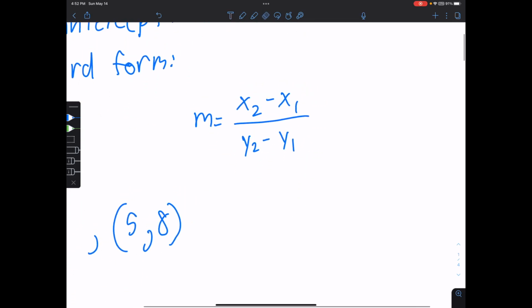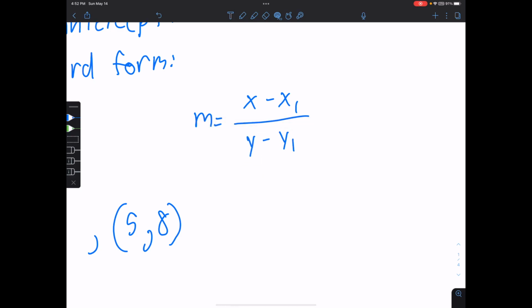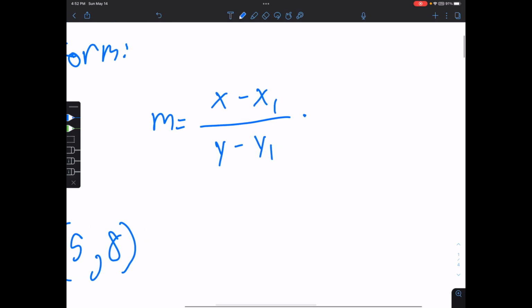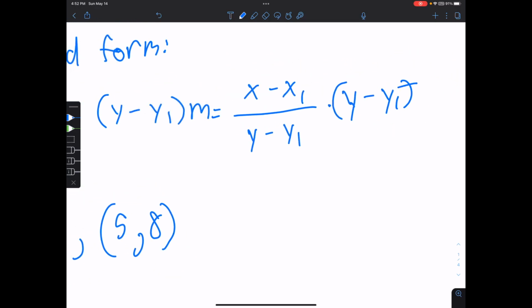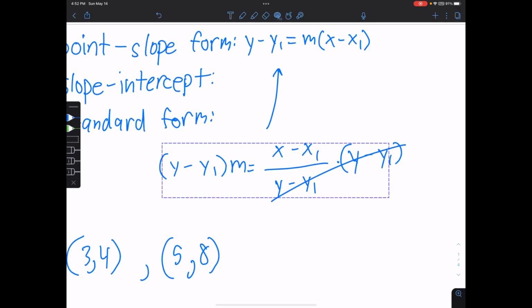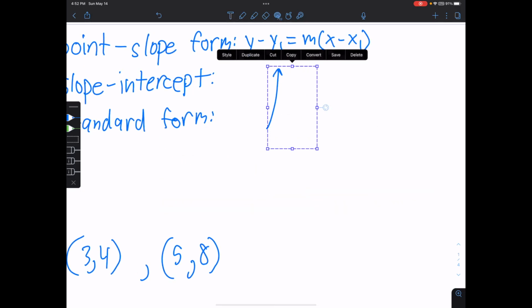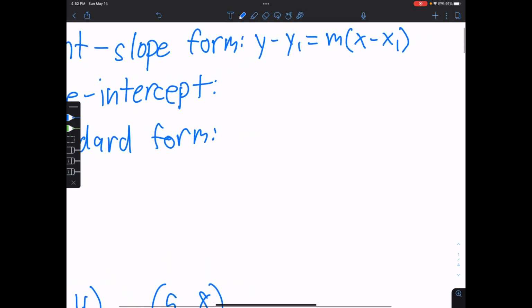So we can just forget that we have a second point, and if you multiply both sides by x minus x1, we would get our point slope form. That's one way you could memorize it. But yes, you do need to know that.